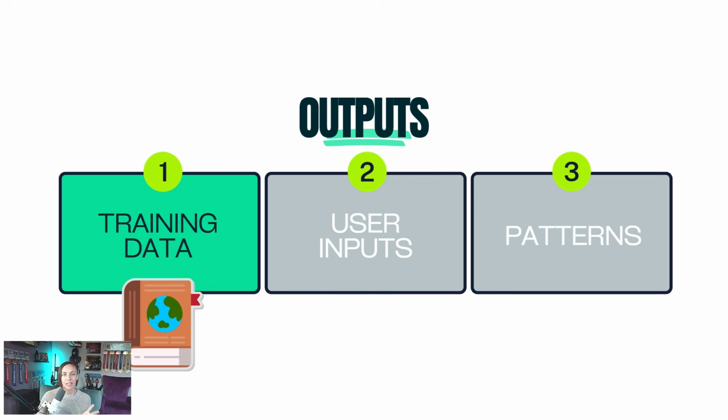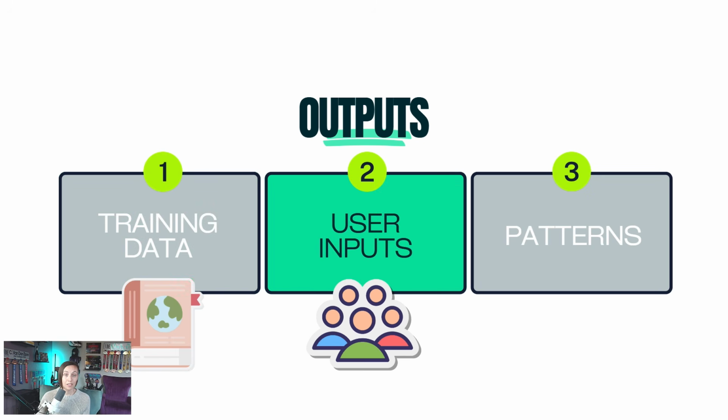The second way that these outputs are created is through user inputs. So what does that mean? Well, as you're typing in your information, the context that you're going to be giving them in the prompt, it's learning what you're typing in. So it's not just based off of what it knew before it met you, but after you, it's become smarter.